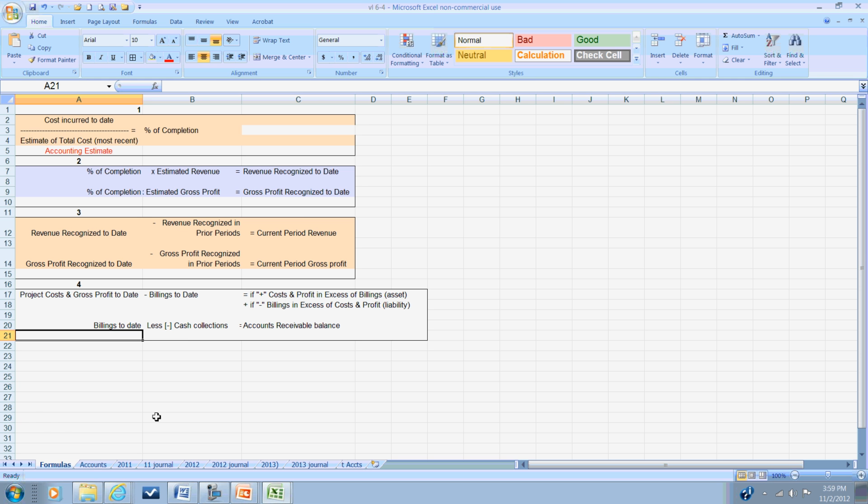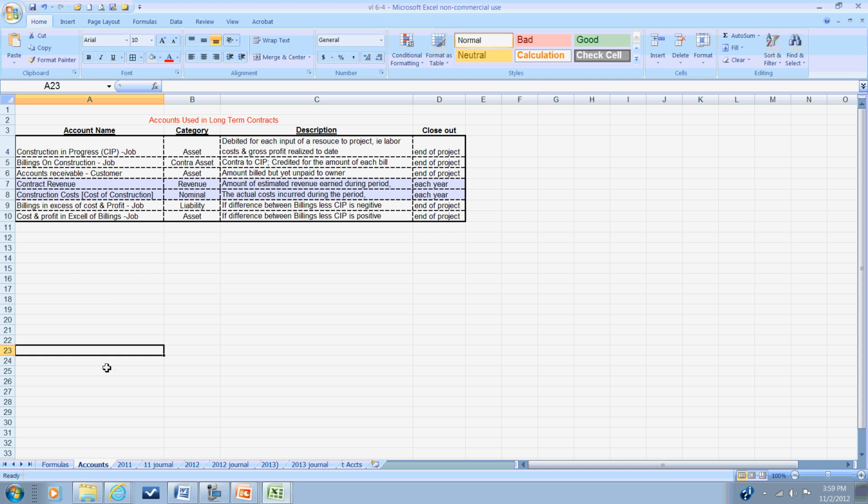Let's take a look at some unusual accounts that are used in the percentage of completion method. In the percentage of completion method, we'll be using a variety of accounts to do our bookkeeping and reporting. The first one is an asset account called construction in progress. And this is like an inventory.